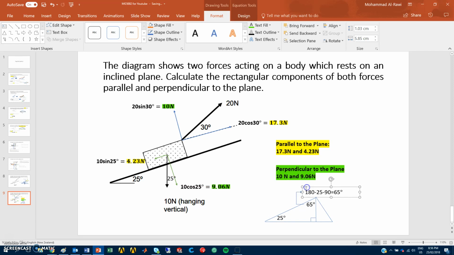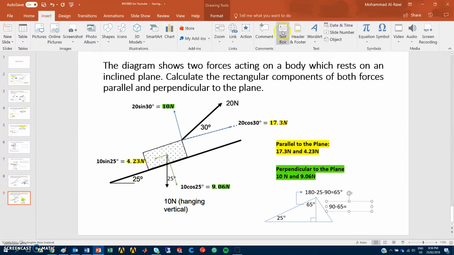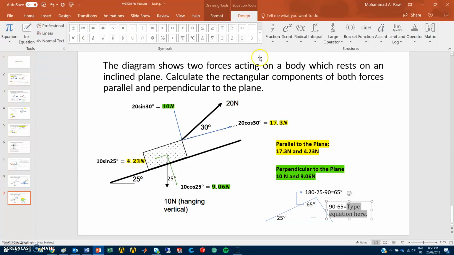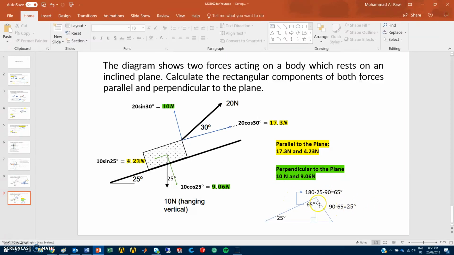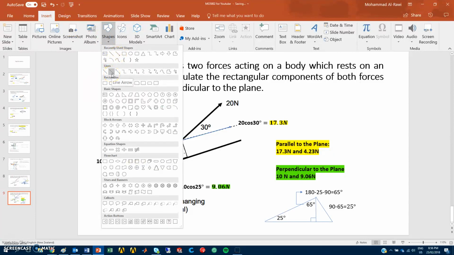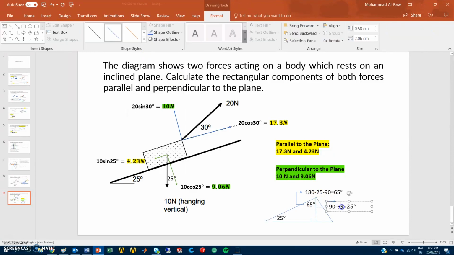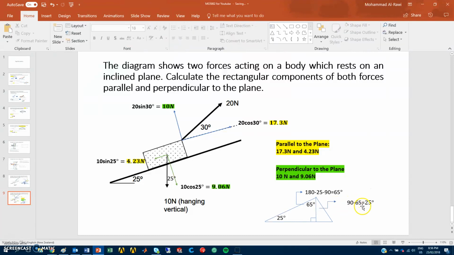Now I'll open another box and write 90 degrees minus 65 is equal to 25 degrees. So that's the angle we can represent in that position. If I use the same method to locate this angle, this angle is calculated by that. So that's how we determine this angle.